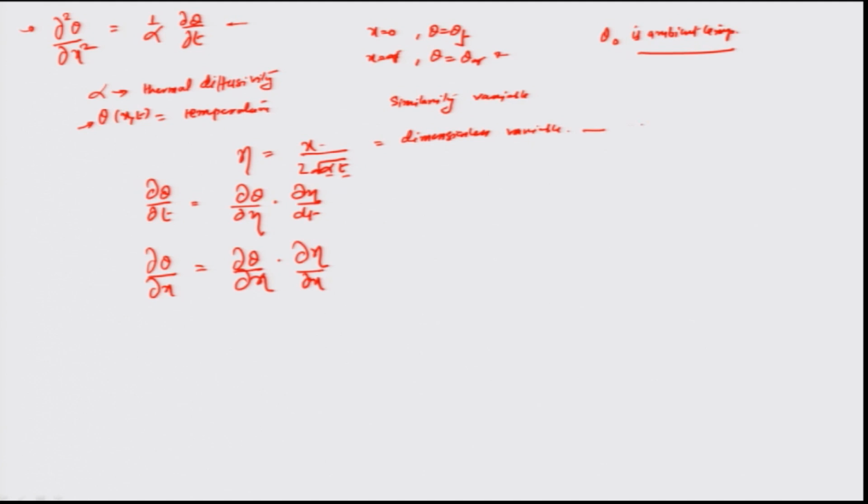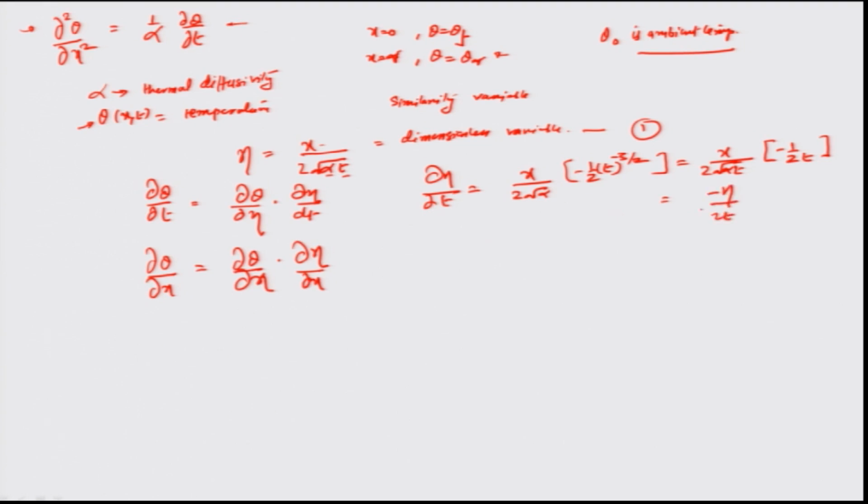So, from this equation right here, equation 1, del eta by del t is equal to x by twice root alpha times minus half t to the power of minus 3 by 2, which again means this is equal to x by twice alpha t whole under the root times minus 1 by 2 t. So, I can say that del eta by del t is nothing but minus eta by twice t.